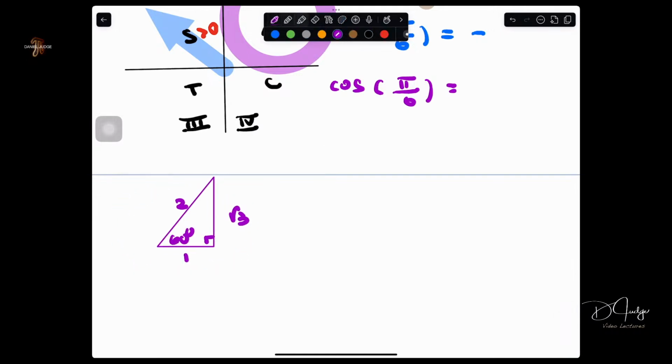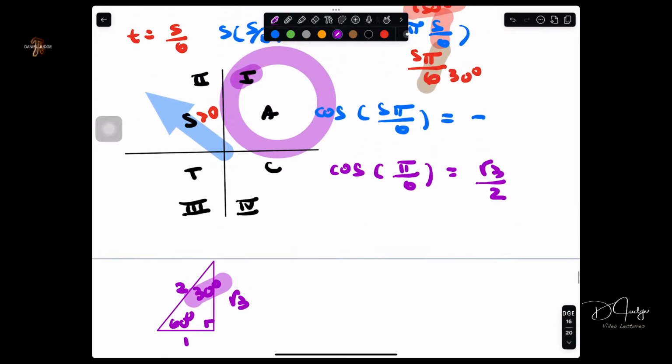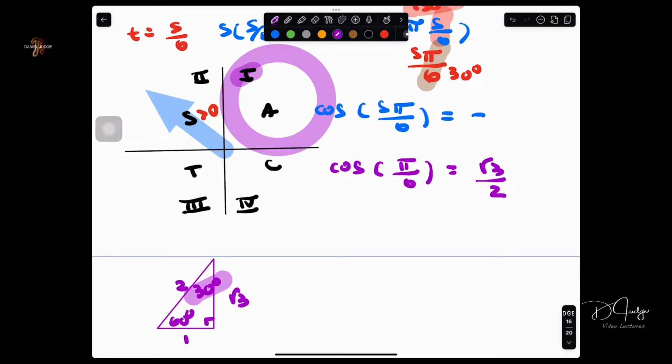It is not 60 degrees. So your 30-degree angle is here. The definition of cosine is the adjacent side divided by the hypotenuse. So cosine of 30 degrees, which is represented by pi over 6 in radians, tells us cosine of 150, or 5 pi over 6, is actually negative square root of 3 over 2.